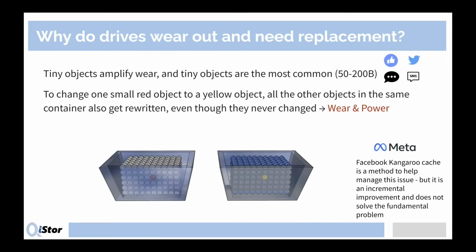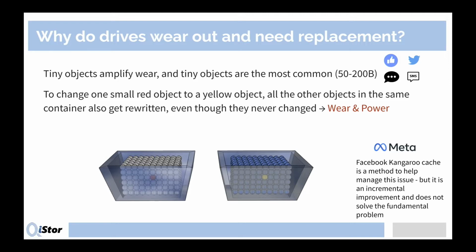So let's just first think about why do drives wear out and need replacement. And you know, a lot of systems today are storing fairly small objects. If you think about a lot of the social media applications or messaging applications, these are very small objects.